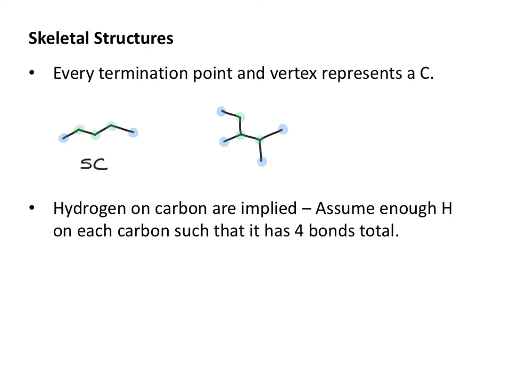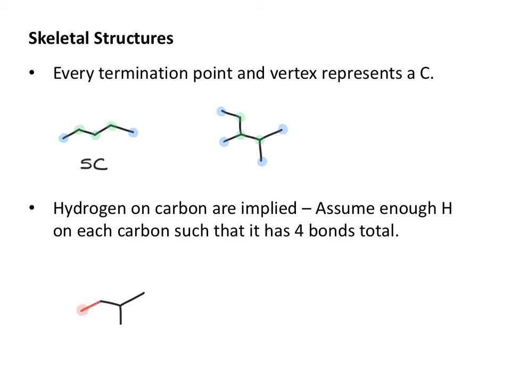The hydrogen on every carbon are implied. And what you want to do is assume that there's enough hydrogen on each carbon such that it has 4 total bonds. Let's just look at a couple of carbons in this molecule. The carbon on the far left. In the drawing, 1 bond is shown. We have 1 bond to the neighboring carbon.